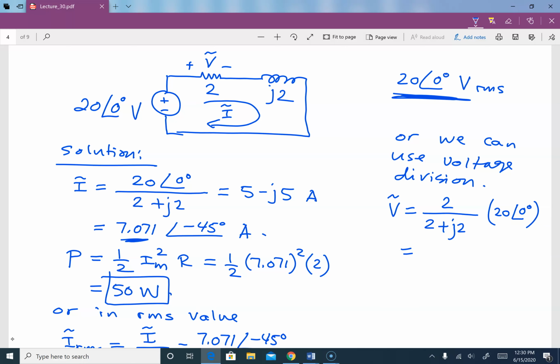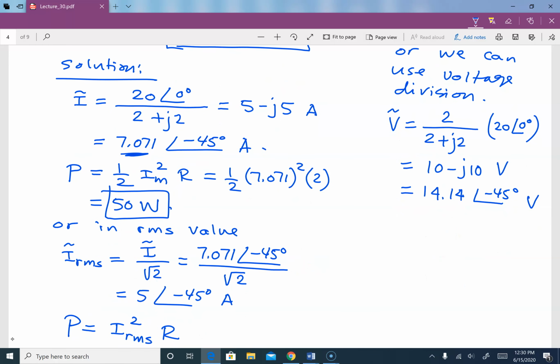And when we do that, that is 10 minus j10 volts, which is equal to 14.14 with angle negative 45 degrees. That is in volt.